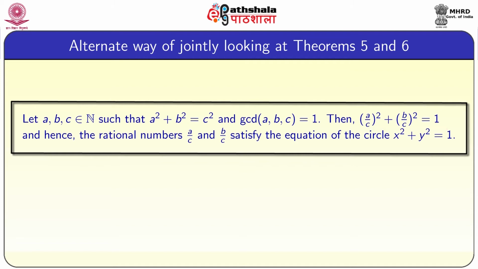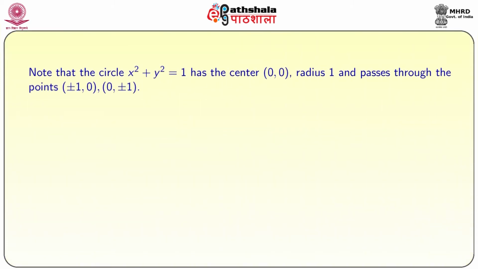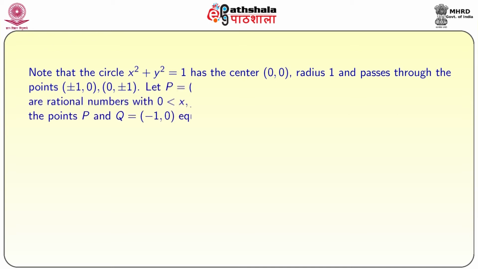Hence, the rational numbers a by c and b by c satisfy the equation of the circle x square plus y square equal to 1. Note that the circle x square plus y square equal to 1 has center at 0 comma 0 and radius 1 and passes through the points plus or minus 1 comma 0 and 0 comma plus or minus 1.